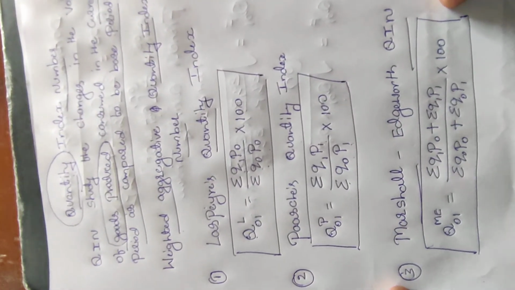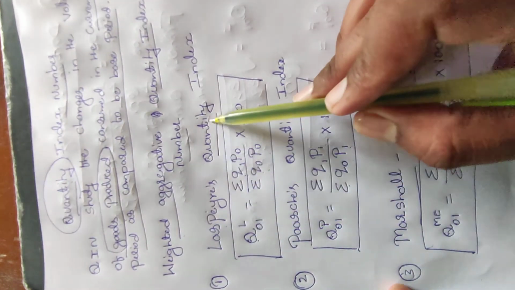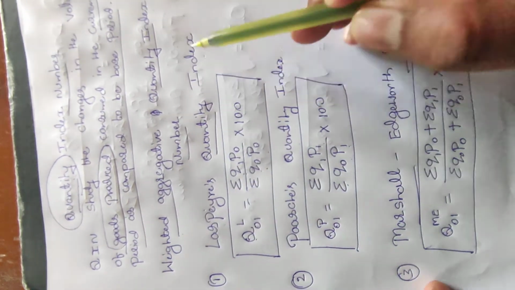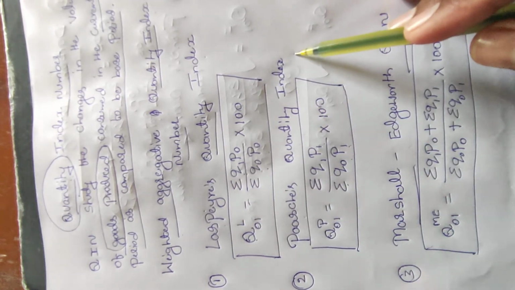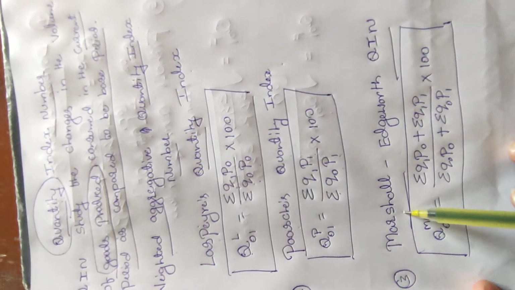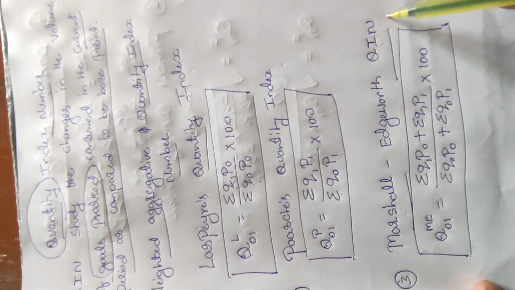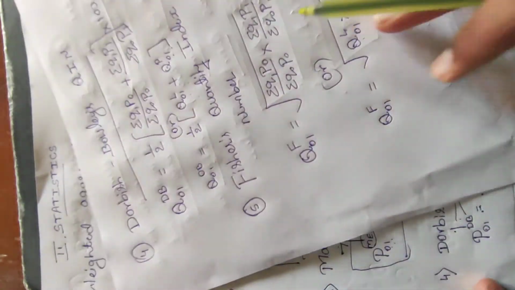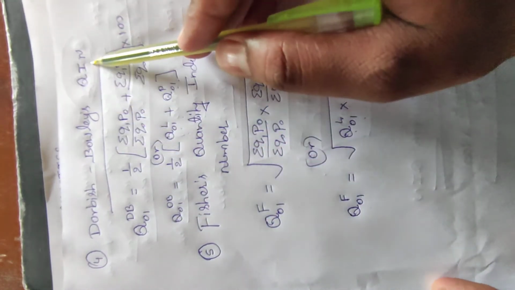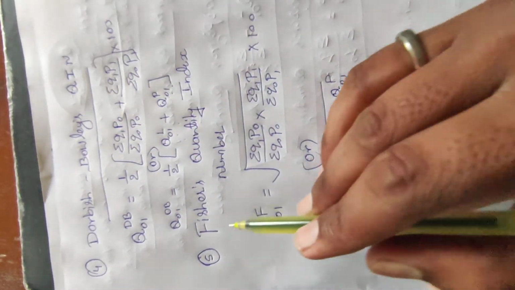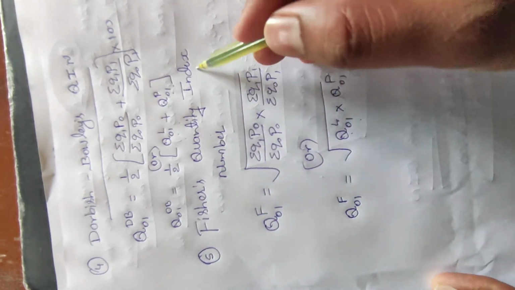What are the 5 methods? Let us go one by one. The first is the Laspeyres quantity index number. Second is the Paasche quantity index number. Third is the Marshall-Edgeworth quantity index number. Fourth is the Drobisch-Bowley quantity index number. Fifth is Fisher's quantity index number.